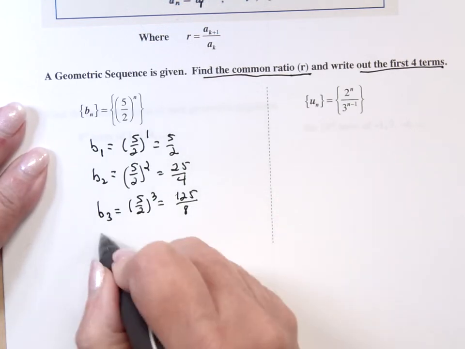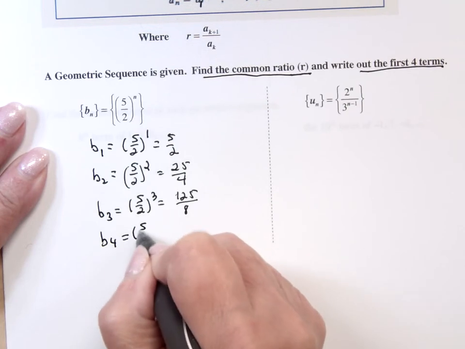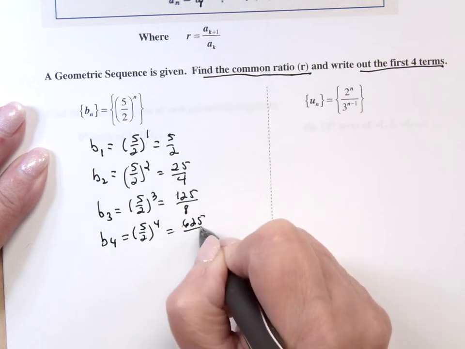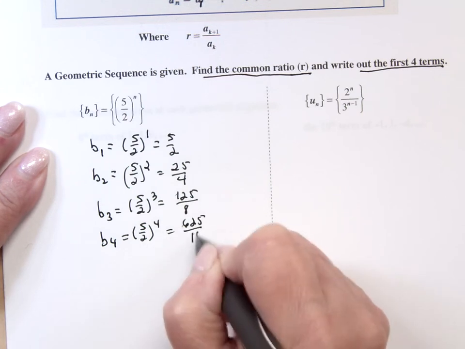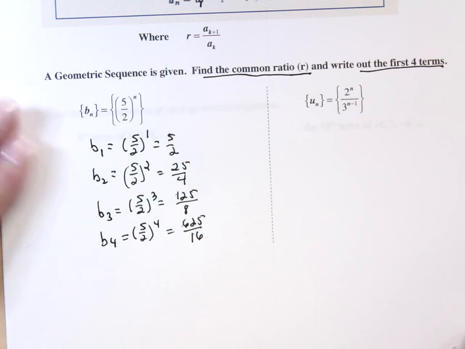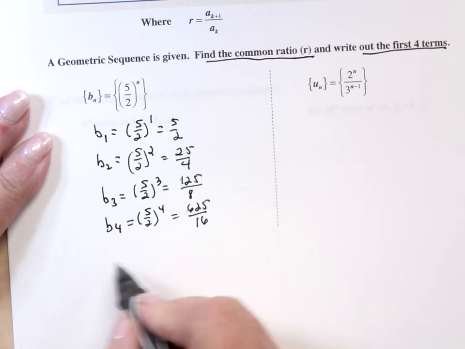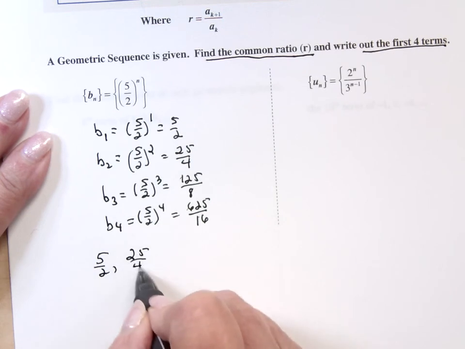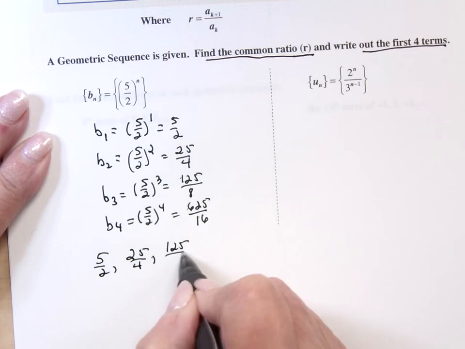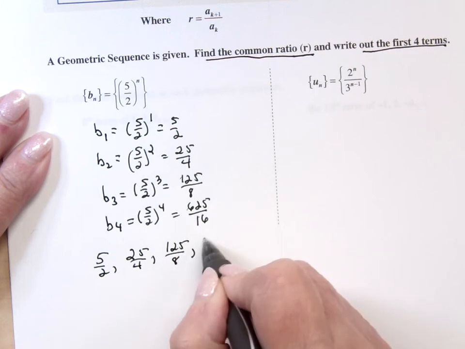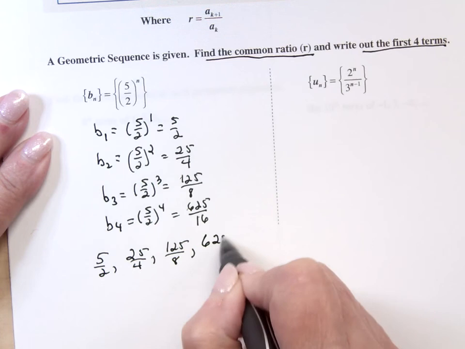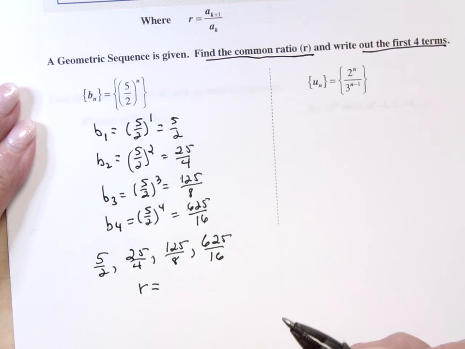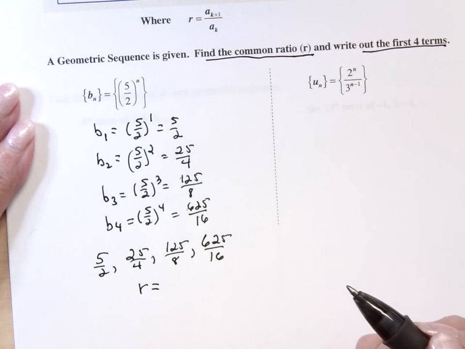B sub 4 is 5 halves to the fourth, which is 625 over 16. So the first four terms are 5 halves, 25 fourths, 125 over 8, 625 over 16. What's R?